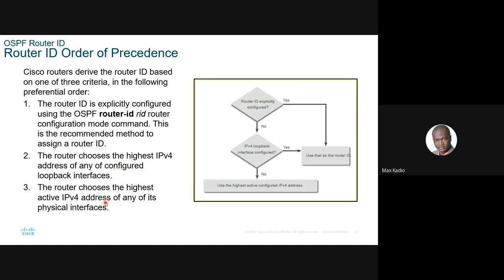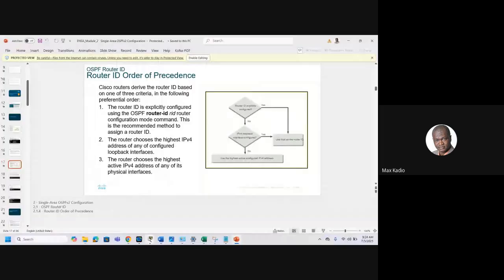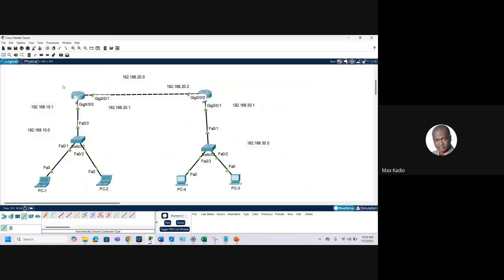Router one and router two are both connected. We're going to compare the IPs that link them, and the highest will be the DR.